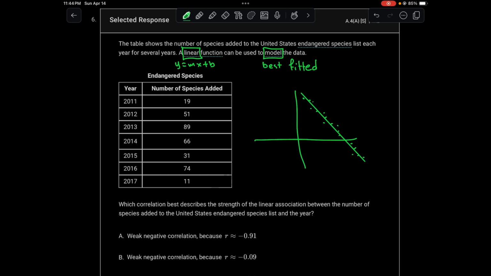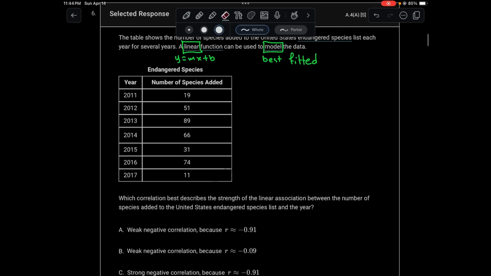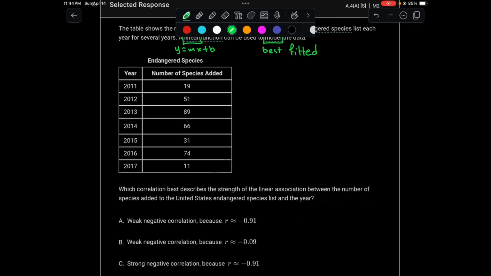Okay, and it could be decreasing like this one, or it could be an increasing line. It can go like that, and I need to approximate. We'll see what happens. Okay, but I'm gonna have to use all the points. That's the bottom line. I'm not gonna use just 2 of them.